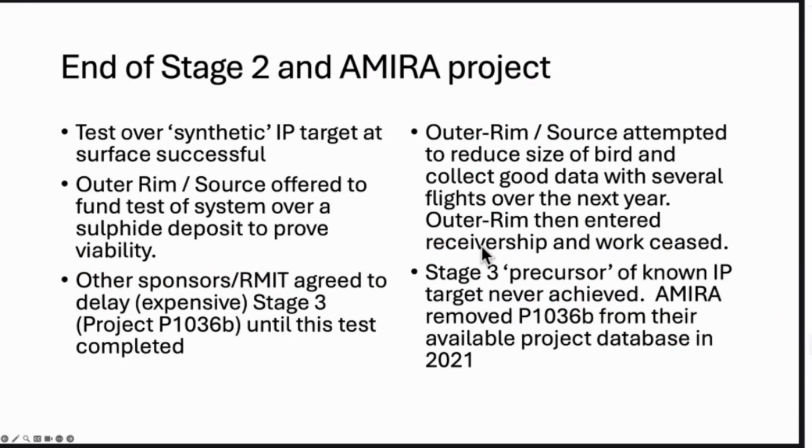Outer Rim also attempted to reduce the size of the bird and collect data with a batch of flights over the next year. At that point, Outer Rim entered receivership and work ceased. So the stage 3 precursor of a test over a known target was never achieved, and Elvira gave up on it and the sponsors gave up.